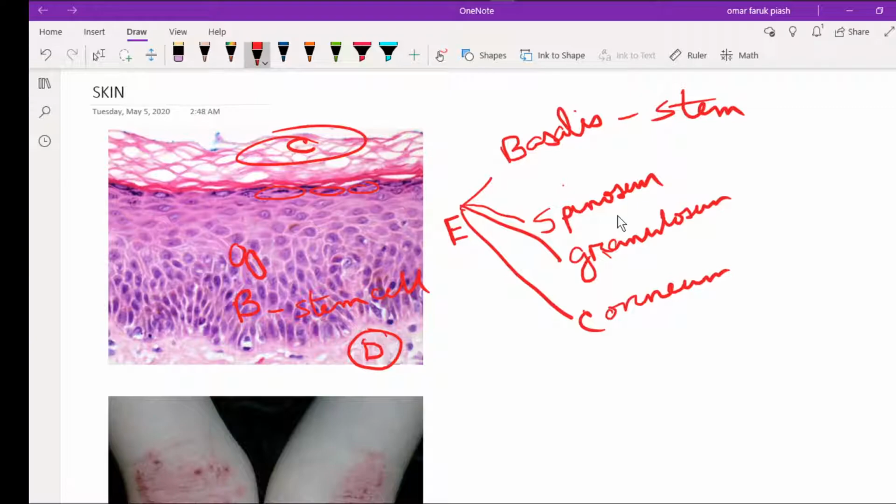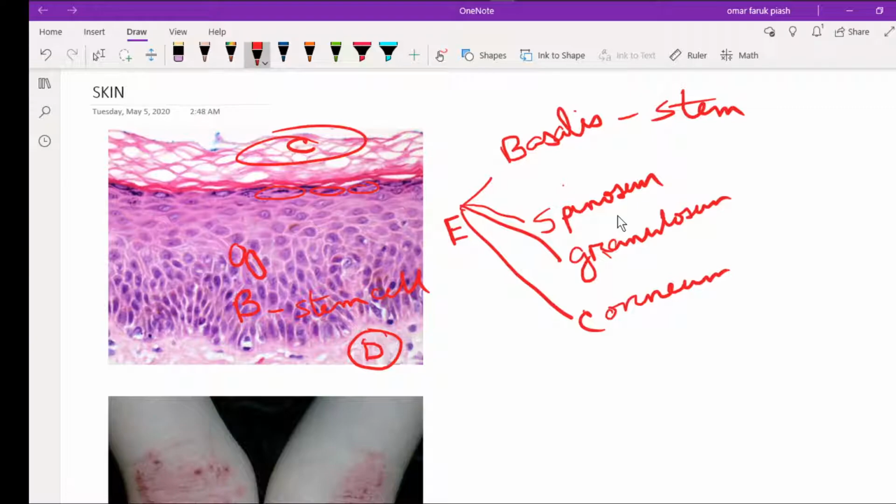Spinosum has connections between the keratinocytes, which are called desmosomes, and above it there is a granular layer which is called stratum granulosum, and above it there is an anucleated cell layer, which is called stratum corneum.